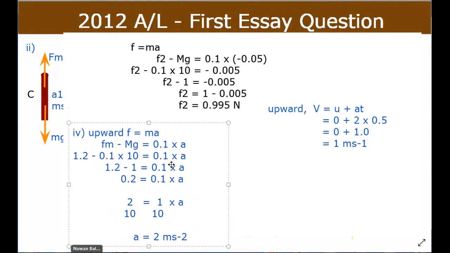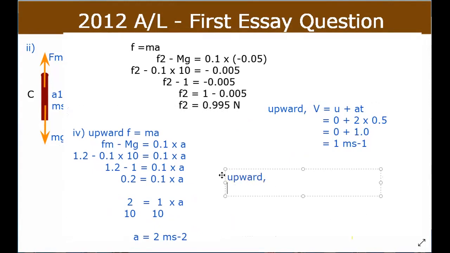Yes, very good. So let us apply along the upward direction, S equals UT plus half AT square. Can you do the rest and find the displacement? Send your answers to my Zoom chat. Start.